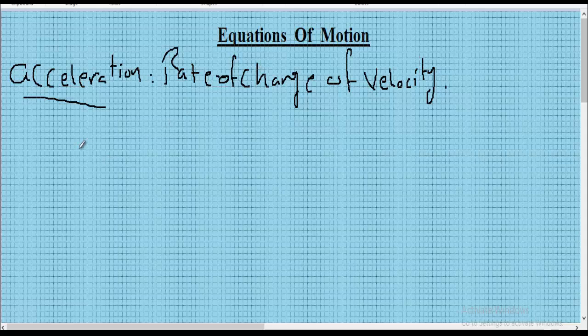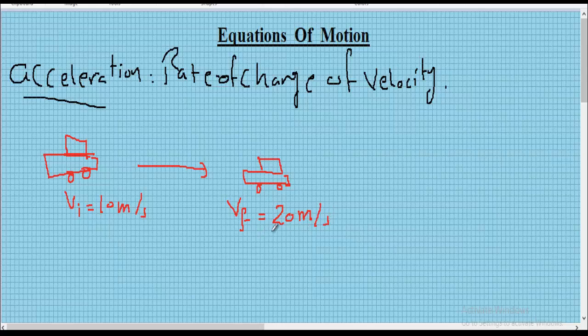For example, if you have a car and this car was moving with initial velocity 10 meters per second, then its velocity increases to be, let's make it VF, which is final velocity, 20 meters per second.